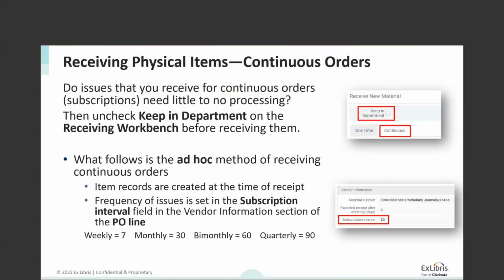If you're just putting a quick property stamp and maybe or maybe not a barcode, you want them to be on shelf right away. So uncheck keep in department. If you do have processing, you can use that same method of keeping them in department, but typically those go to the shelf pretty quickly.